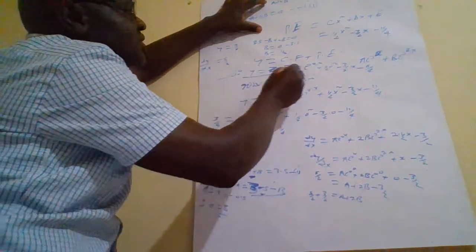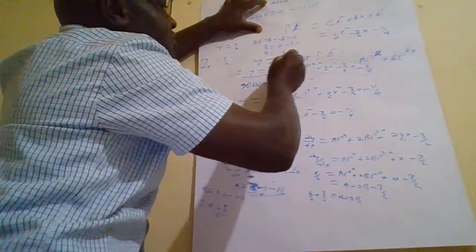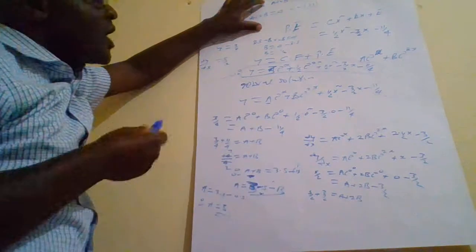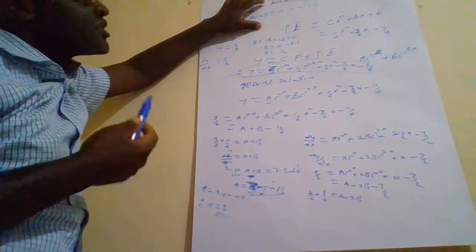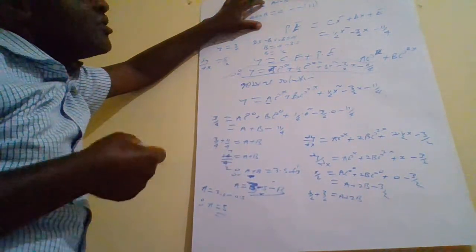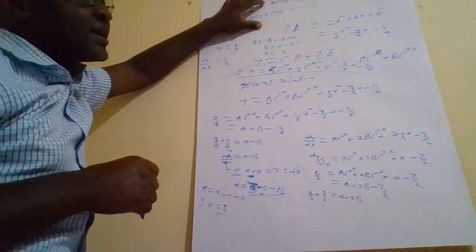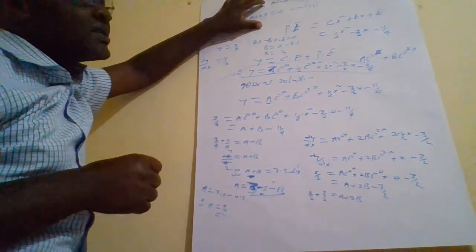So this will be the equation: y equals 3^x plus (1/2)^(2x) plus a half x squared minus 3/2 x minus 11/4.